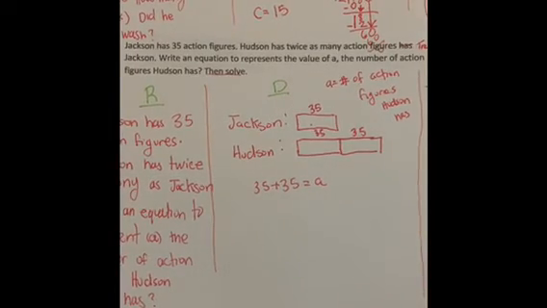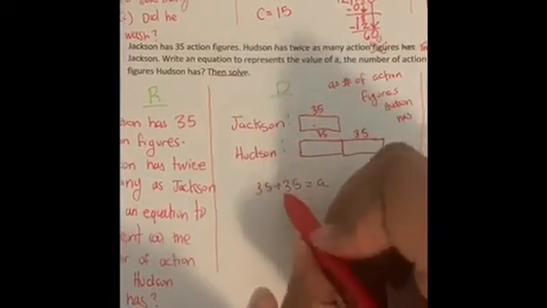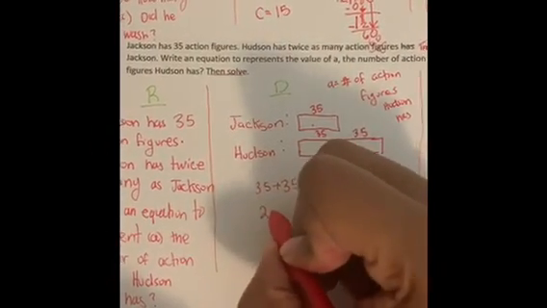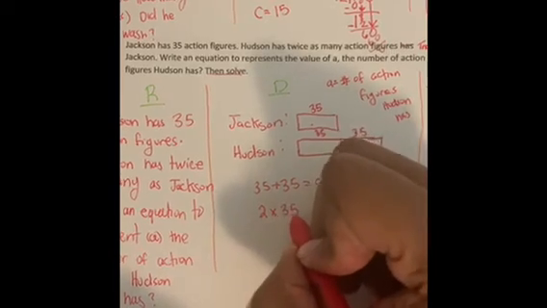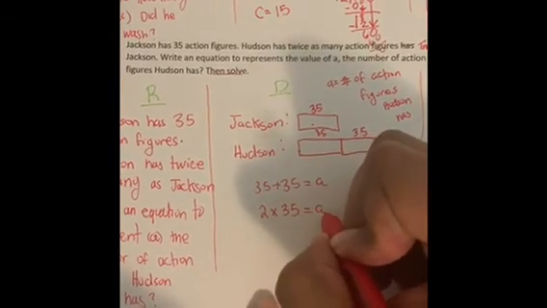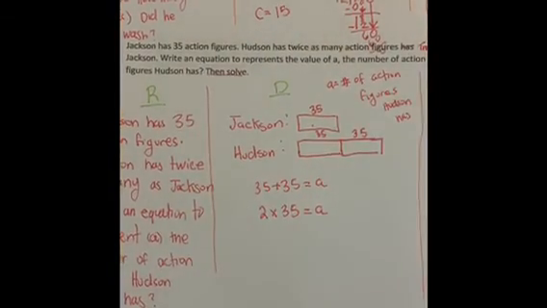What else can I do? That's right. I can also say 35, that's 35 2 times. That's 2 times 35 equals A. That's another way to represent the equation.